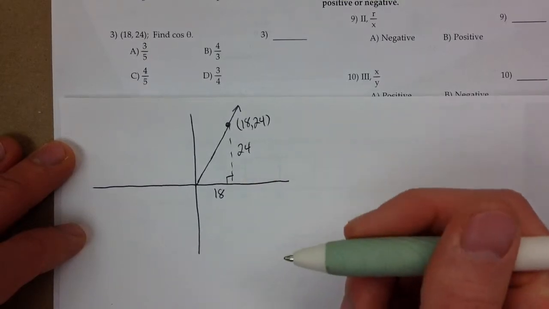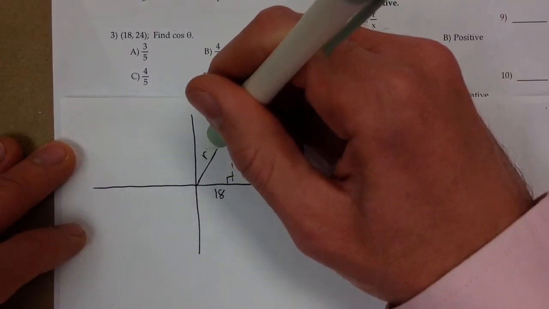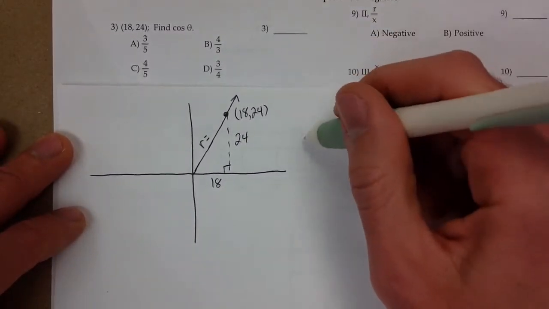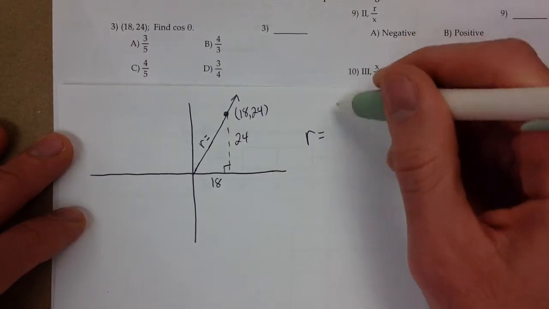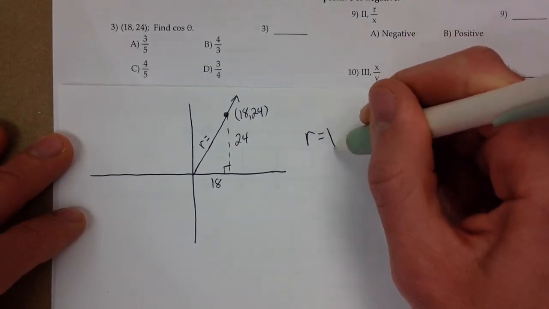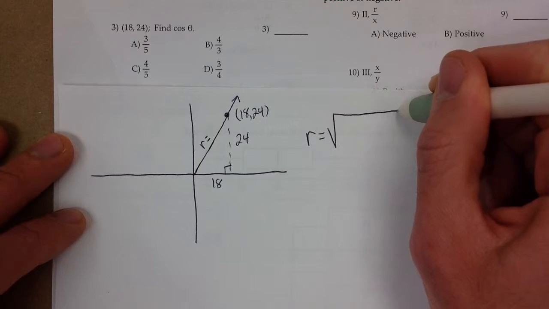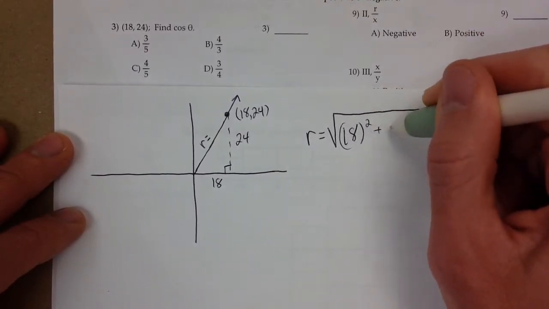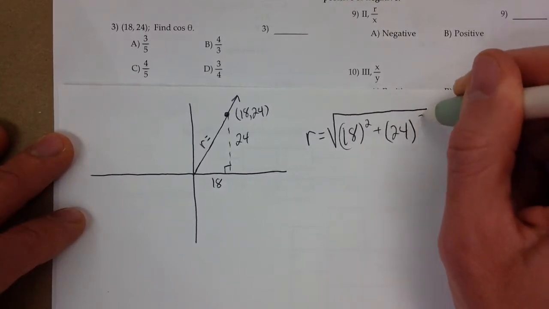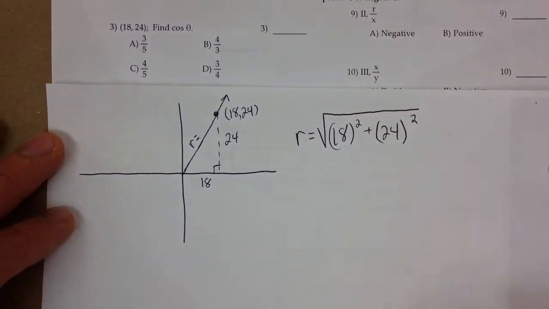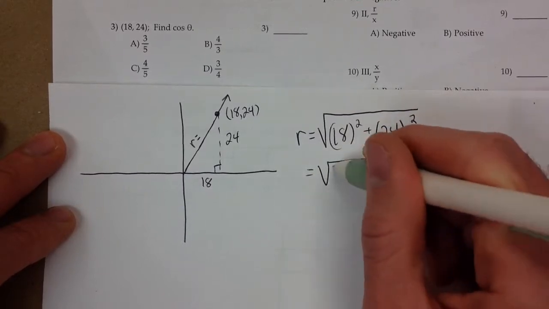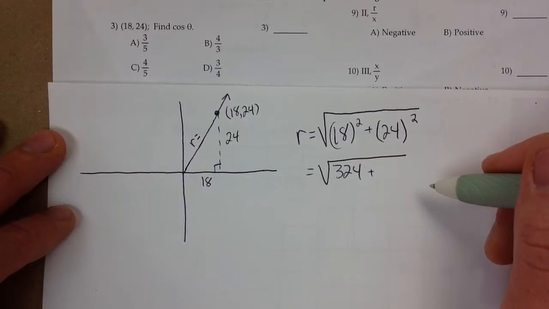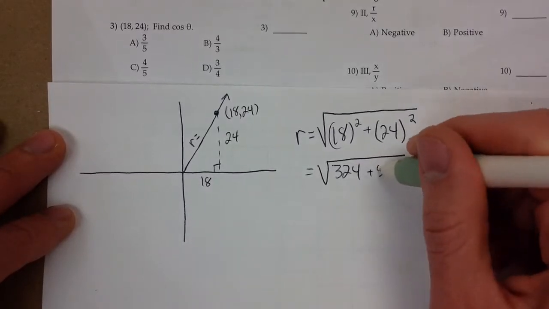And then since we are finding cosine, we need to find the hypotenuse. So how could you find that? 18 squared plus 24 squared equals that squared. Yep. Good. Go ahead, use your calculator. Good.